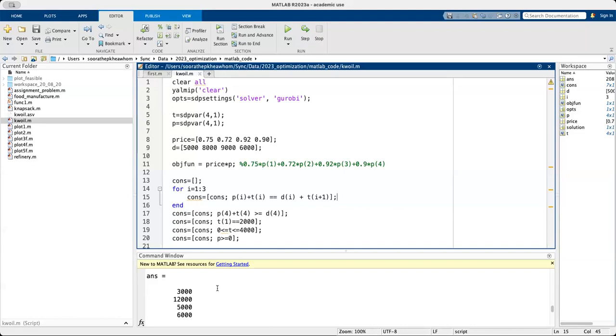And for the second month, because the price is lowest, we can expect that we purchase the oil as much as possible.